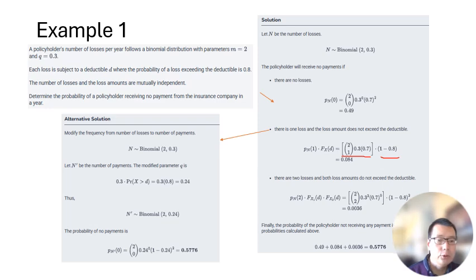So you got 0.24 will be the new parameter. With this in mind, you can utilize the probability of binomial with parameter 2 and 0.24 to calculate the probability of no payment to be Pm prime 0 to be 0.5776.